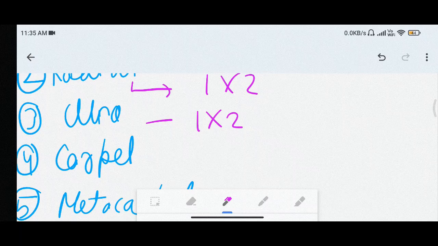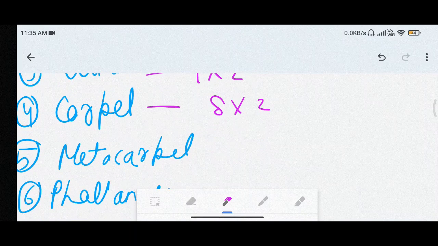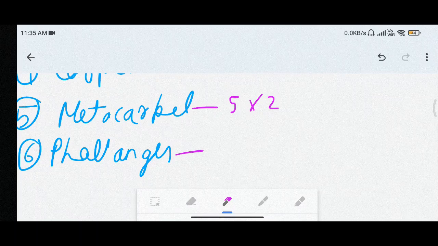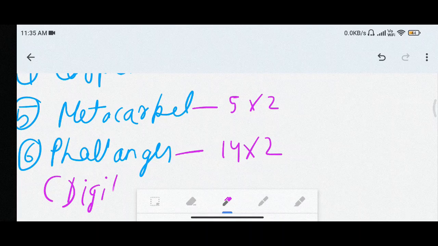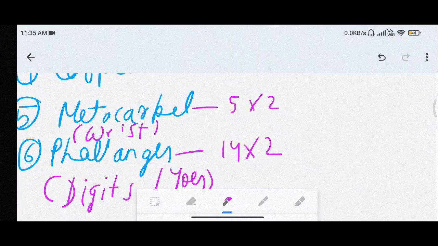The carpals are 8 into 2, metacarpals are 5 into 2, and phalanges are 14 into 2. It can also be called digits or toes. Metacarpals is the wrist portion. Okay.